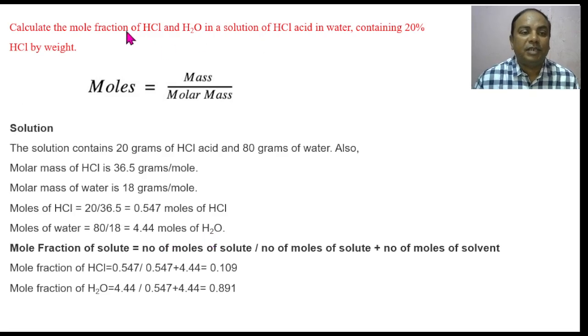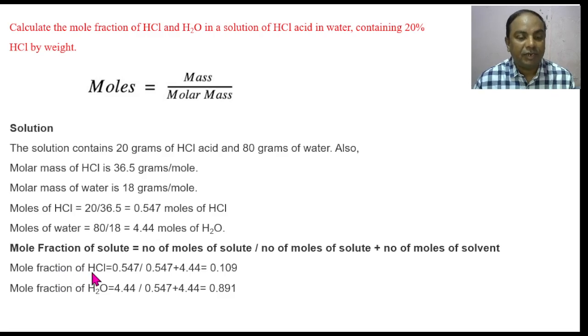Now what is asked in the problem? Calculate the mole fraction of HCl and H2O separately. We have the moles of HCl as well as H2O making this acidic solution, so mole fraction can be easily calculated.